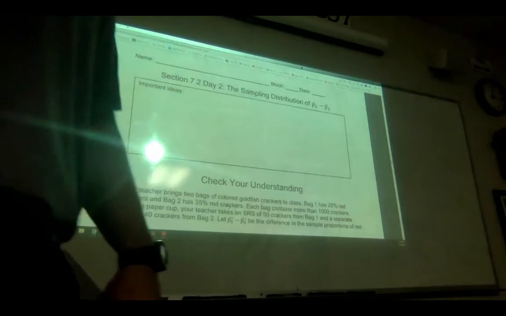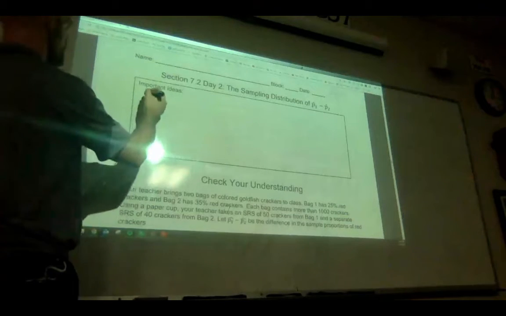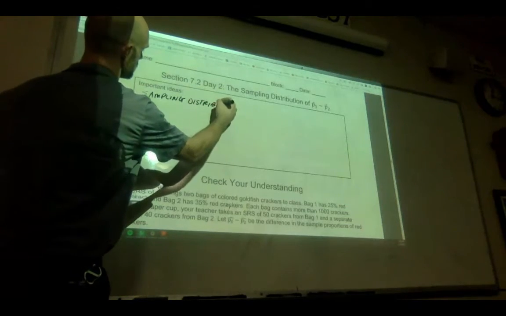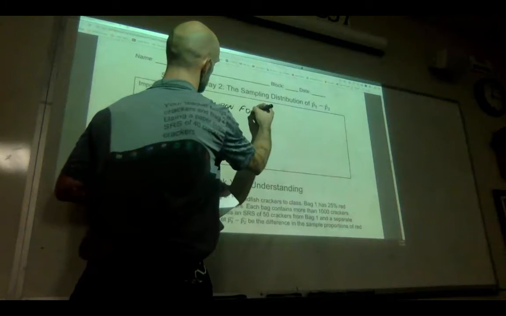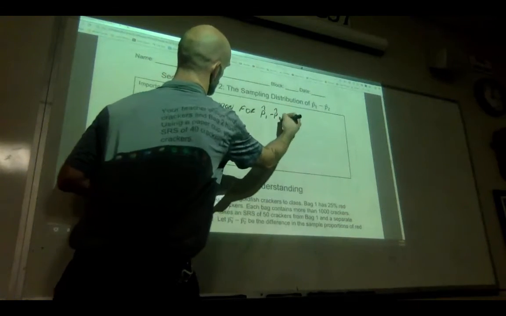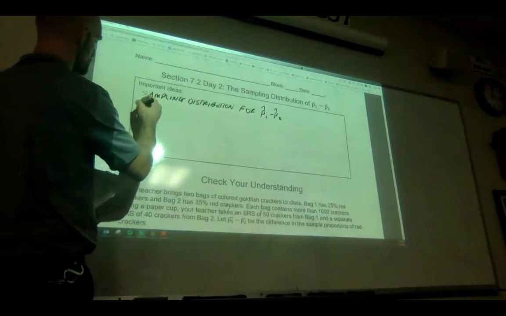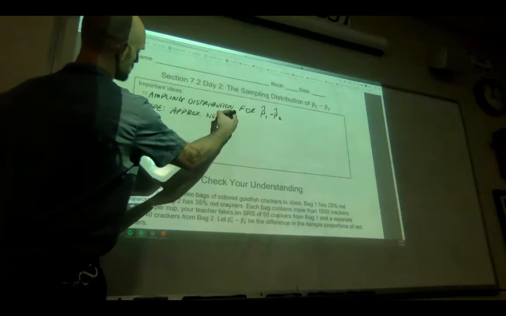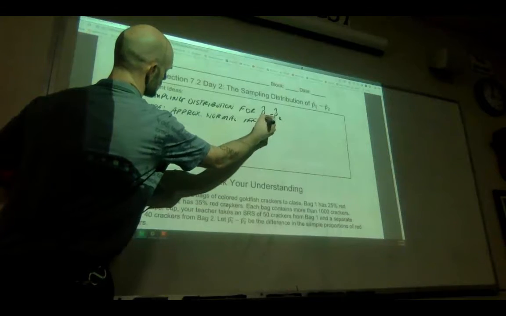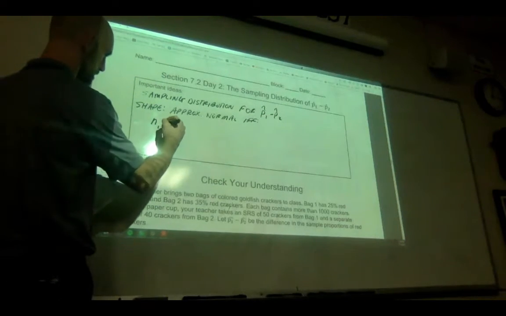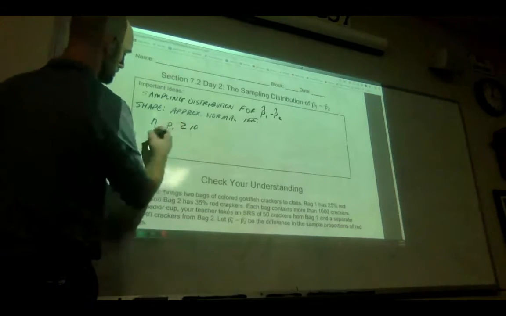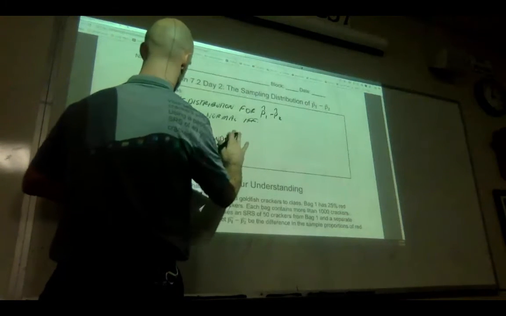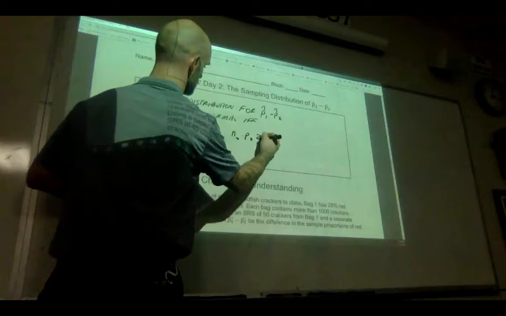This is the piece you're going to want for your review packets here. Sampling distribution for p hat 1 minus p hat 2. Is that an if after the normal?